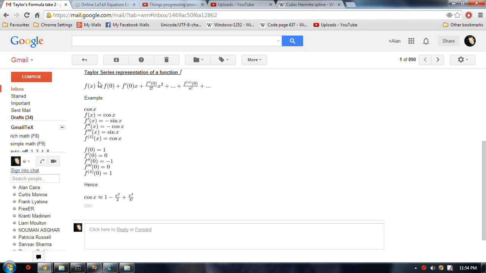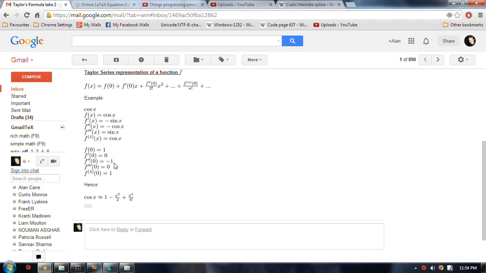So in terms of these numbers here, f of 0 is 1, so the first term is 1. f prime of 0 is 0, so there's no linear component to it, right?